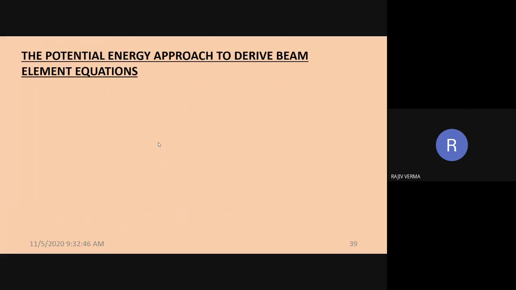In the next lecture, next topic, we are going to discuss the potential energy approach to derive the beam element equation. The potential energy approach obviously happens to be a more versatile approach for finding the stiffness matrix, and this approach we have already discussed for a bar element in the previous classes.